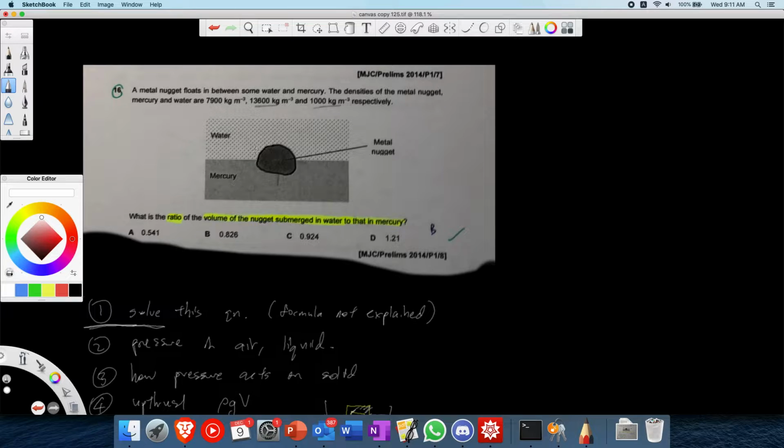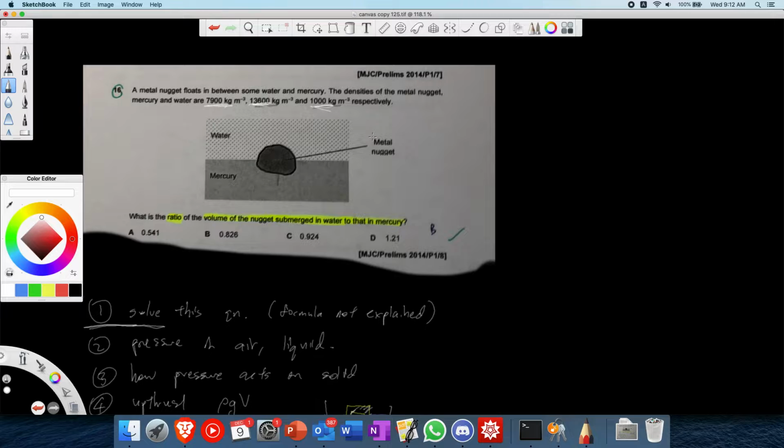So the metal nugget is floating between some water and mercury, and the density of the metal nugget is higher than the density of water but lower than the density of mercury. So if you put the metal nugget in mercury, it will float where some part is under the mercury surface and some part is above the mercury surface. Whereas if you put the metal nugget in water, it will sink to the very bottom.